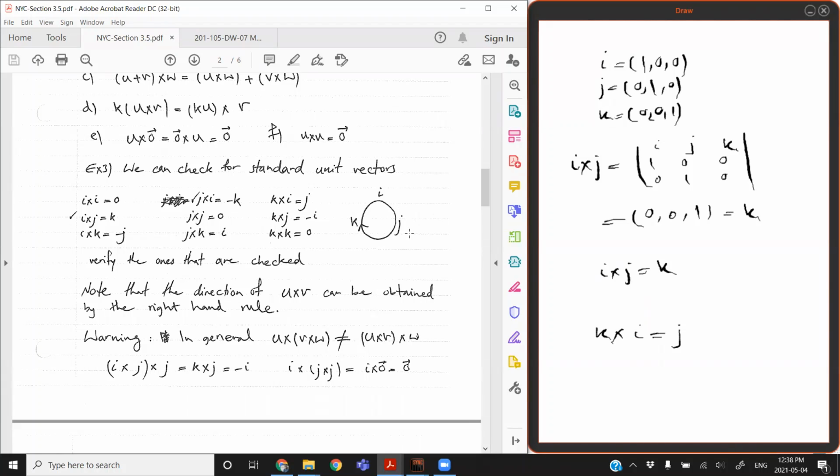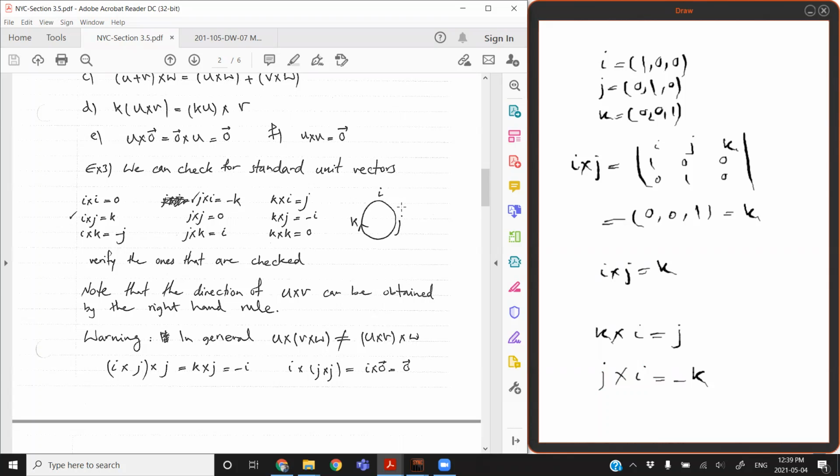But if you're multiplying them in the other direction, in the counterclockwise direction, then you get minus the next vector. For example, if you multiply j times i, you're going to get minus k because you're going counterclockwise.